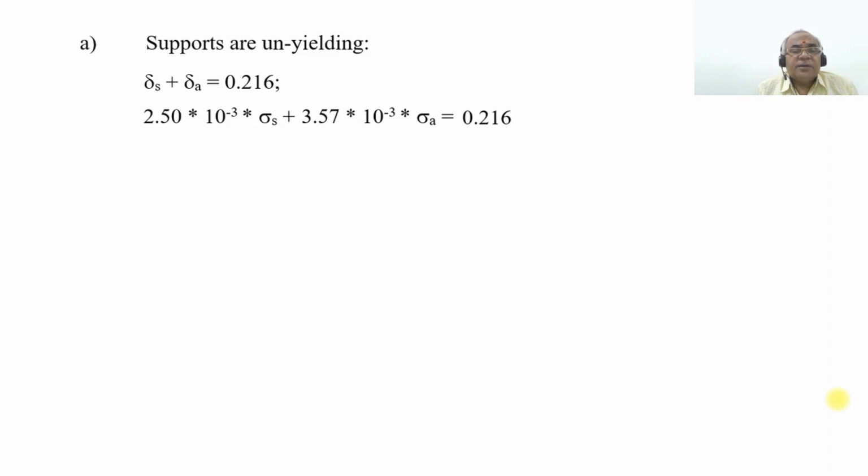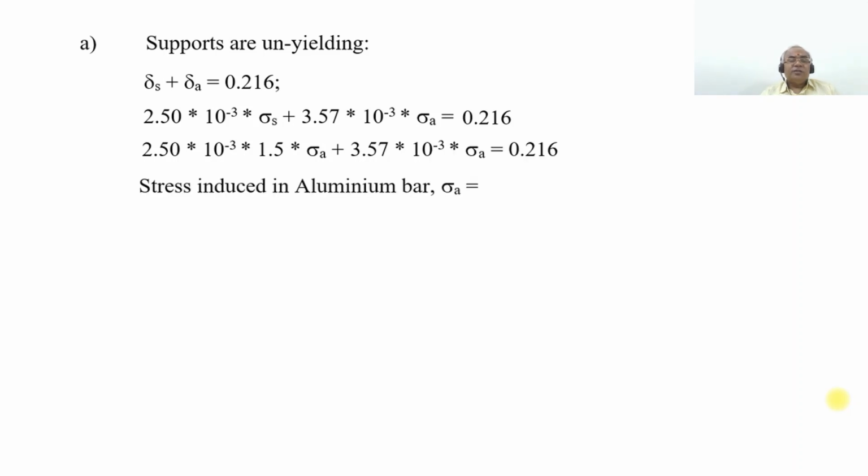We want sigma S to be substituted. 2.5 into 10 to the power of minus 3 into sigma S is 1.5 into sigma A. Substituting, 2.5 into 10 to the power of minus 3 into 1.5 sigma A plus 3.57 into 10 to the power of minus 3 into sigma A will be equal to 0.216. Therefore, the stress induced in the aluminium bar, sigma A, on simplification, is 29.5 Newton per mm square, which is tensile.